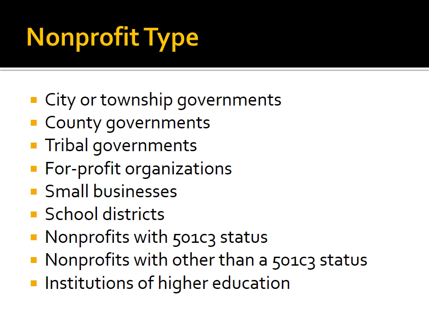Nonprofit type, this is an abbreviated list from grants.gov. They have the most expansive list of nonprofit types in their database. And these are probably very familiar to many of you, and you could probably recite the other eligibility list to me. This is helpful especially for those niche or much narrower types of search.